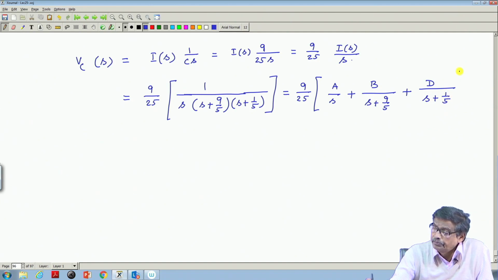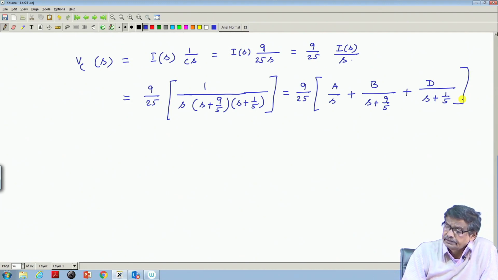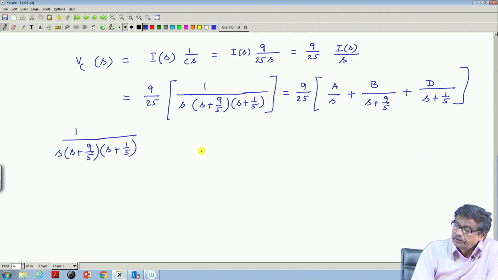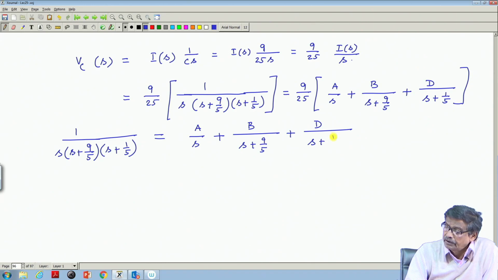These are the three constants to be determined. Once again, I will determine these constants, let me repeat the earlier stage, so that you know what exactly you have to do on pen and paper to get the correct solution. This I have assumed to be A by S plus B by S plus 9 by 5 plus D by S plus 1 by 5.